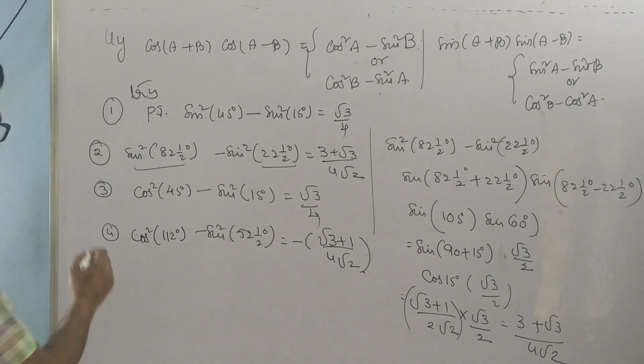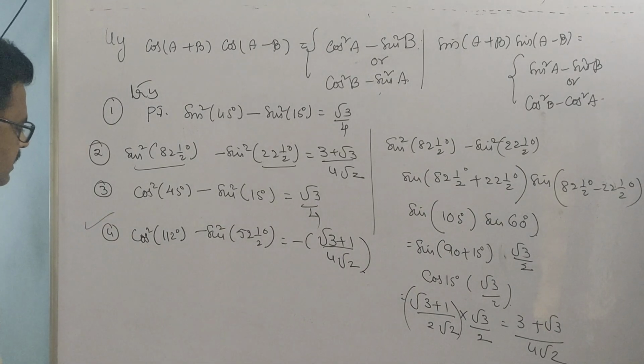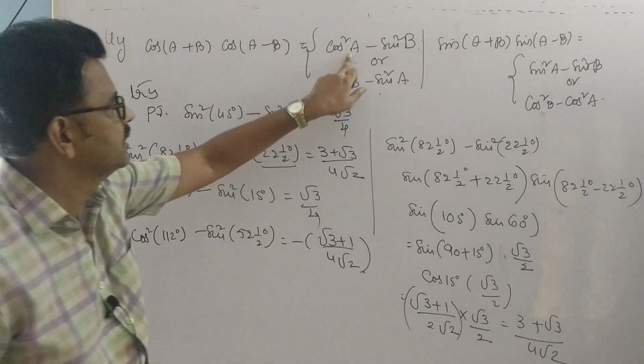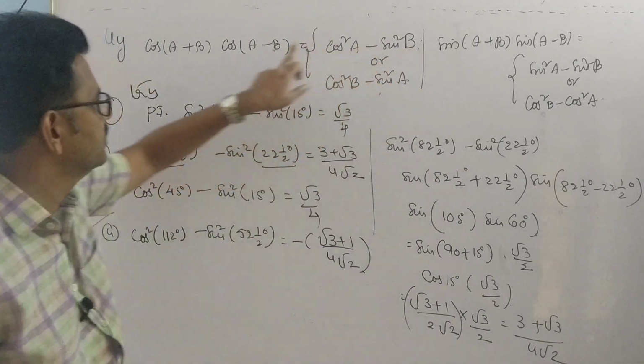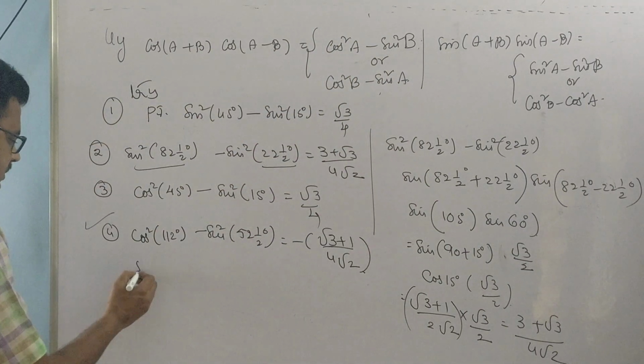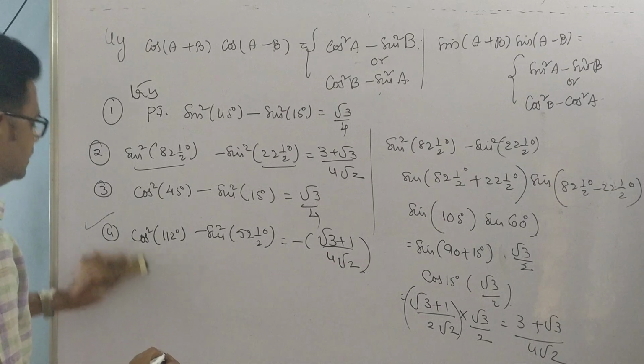And see the fourth question: cos square a minus sin square b is equal to cos of a plus b into cos of a minus b. Sorry, this is cos, not sin.